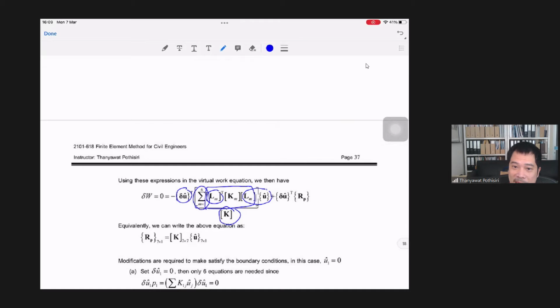So based on this procedure, you would end up with this equation, right?